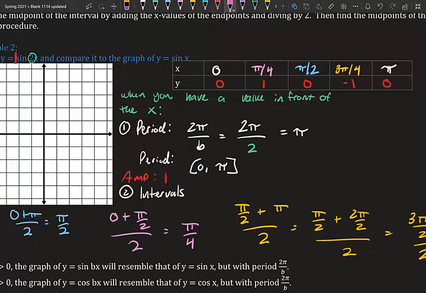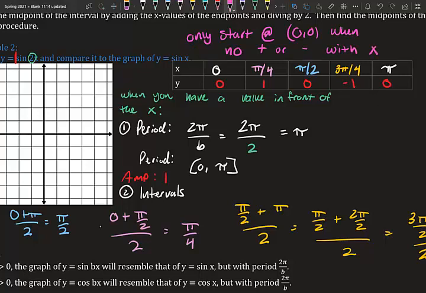So when you have y equals sine 2x, there's nothing happening to it, it's not x plus this, it's not x minus this. You're going to start at 0. You only start at 0, 0 when no plus or minus with x.